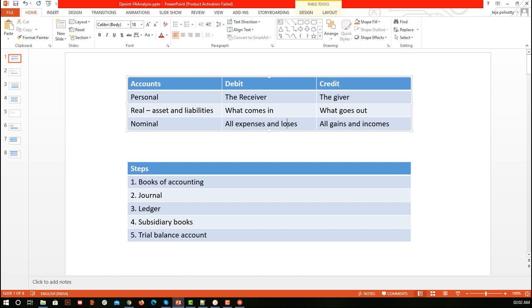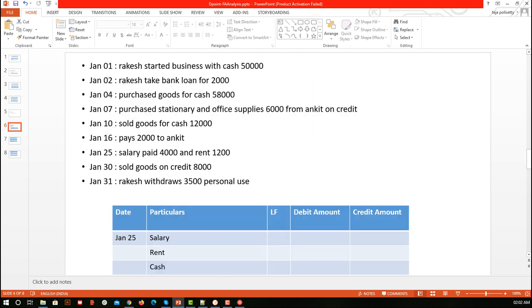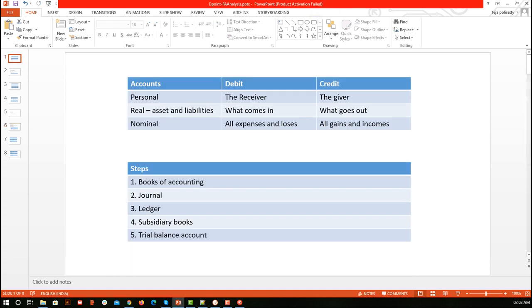So it is a nominal account and it should be debit. So debit amount salary 4,000. Similarly, rent is our expense to run the business. So similarly we write 1,200, a nominal account under expense. The rent account is getting money, right, so we write it as a debit.